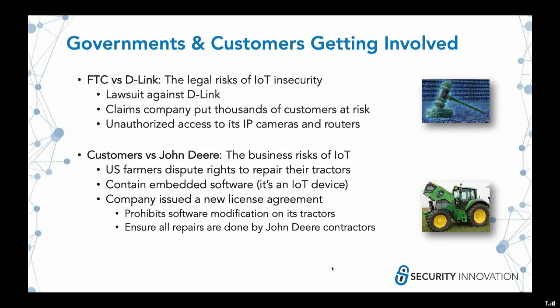Now, today's modern tractors are very expensive. So instead of buying a tractor like a farmer may have done in the past, most commonly the tractor is leased. That allows for refreshment of vehicles after a couple of years, etc. However, the ownership remains with John Deere and not the farmer. So the farmers were not allowed to repair their tractors, and they actually got together and filed a class action suit to dispute their right to repair.